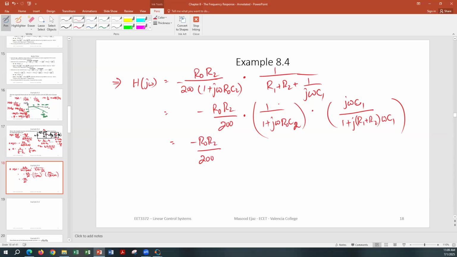All right, I'm gonna bring R naught C2 as a common factor in the denominator. And I'm gonna write this down as 1 over R naught C2, no, sorry, not R naught C2.